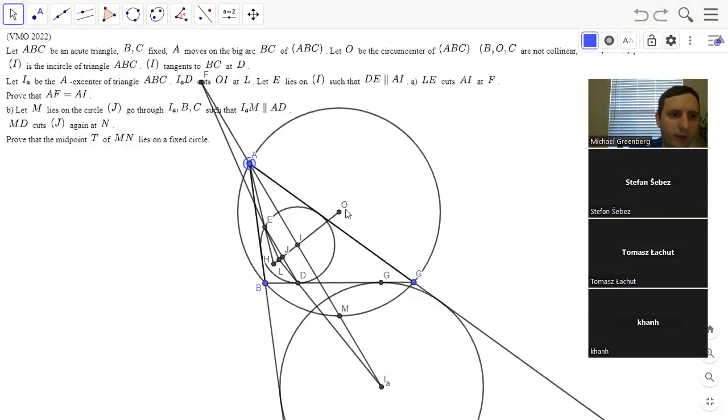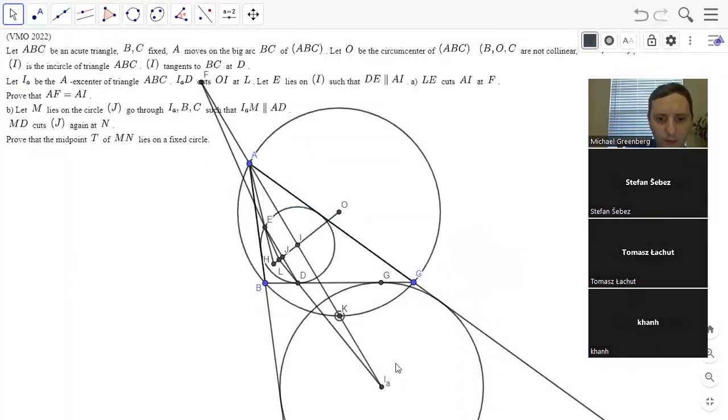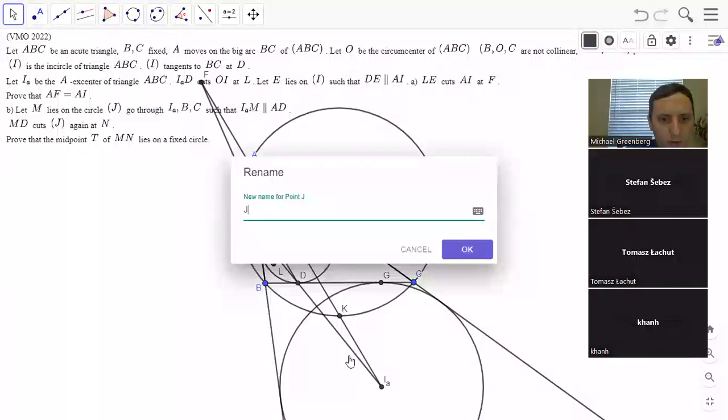Yeah, I guess I really should rename some stuff because part B uses different letters, so I'll do that. Just call this K, and this instead of J, I'll call it something else. Q. Key.